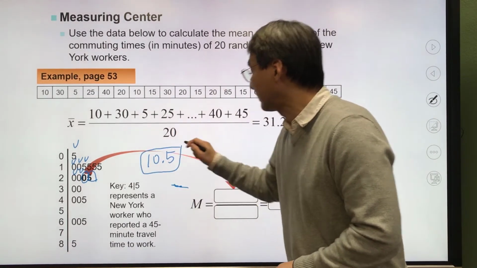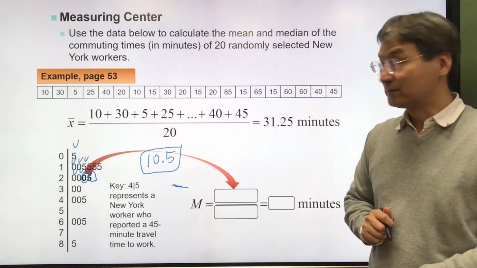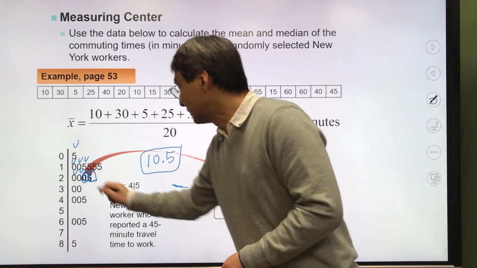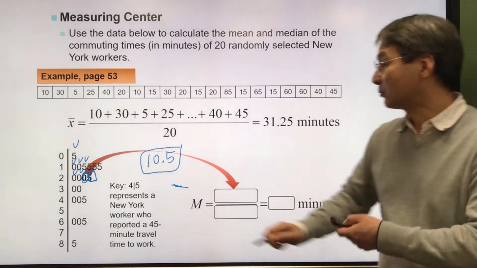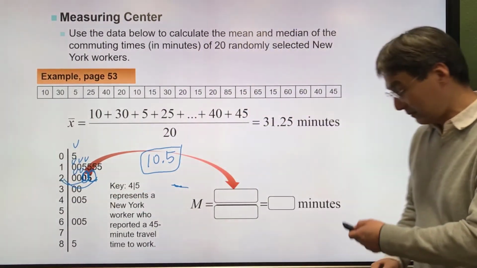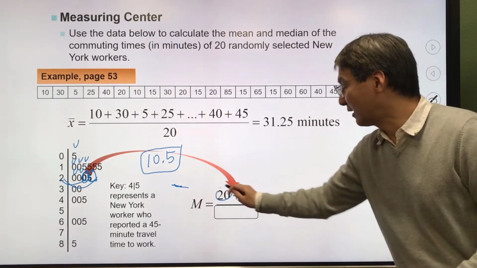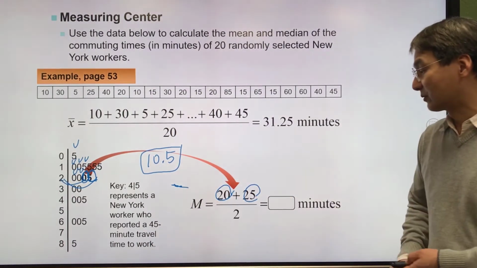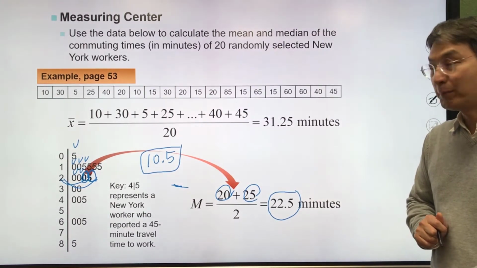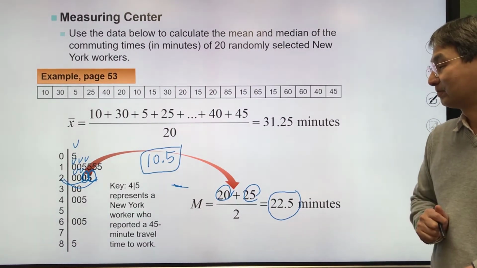So there's no data point at 10.5. We need these two numbers, the 10th data point, which is 20, and the 11th data point, 25. We add 20 and 25 and divide by 2, and this number is the midpoint or median.